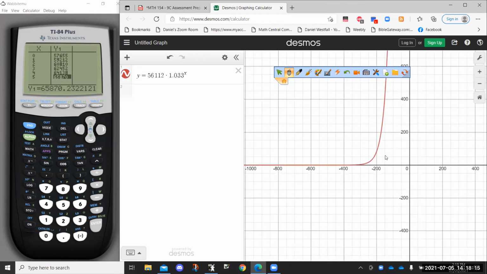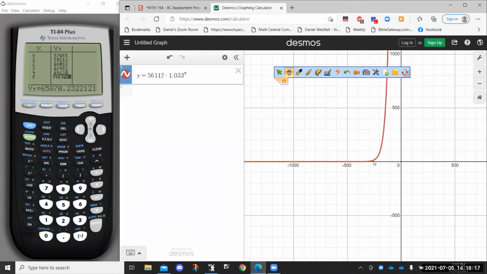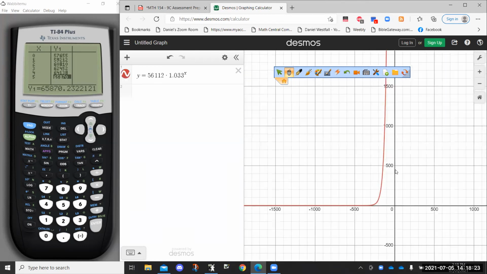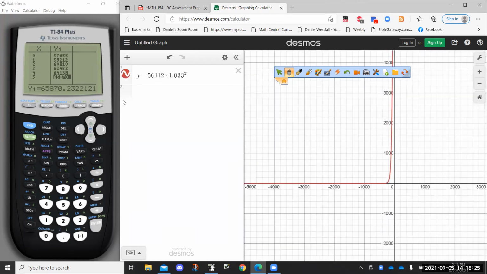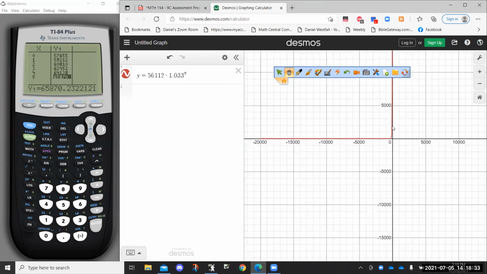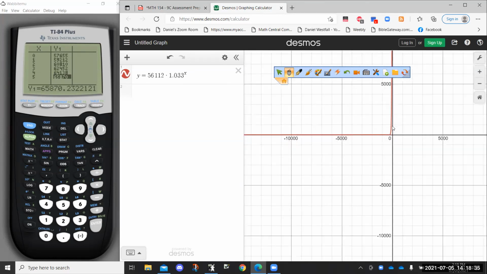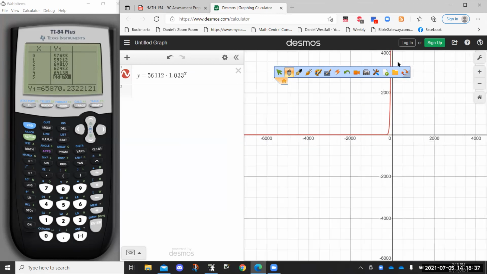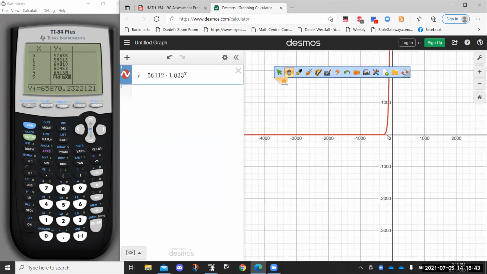So, you can pick some points on here that you can graph, but you know that it's not going to cross the axis until, when x is 0, this is going to be 56,112. So you're probably not even going to get to the y-intercept. You're probably going to need to graph it. And this part down here, it's mostly negative.